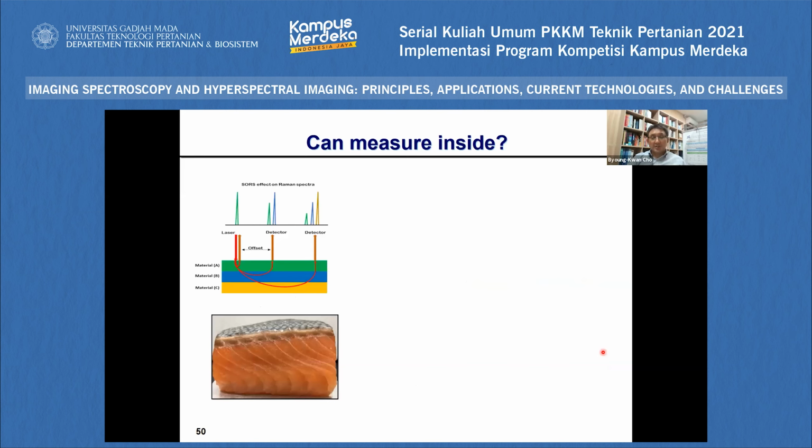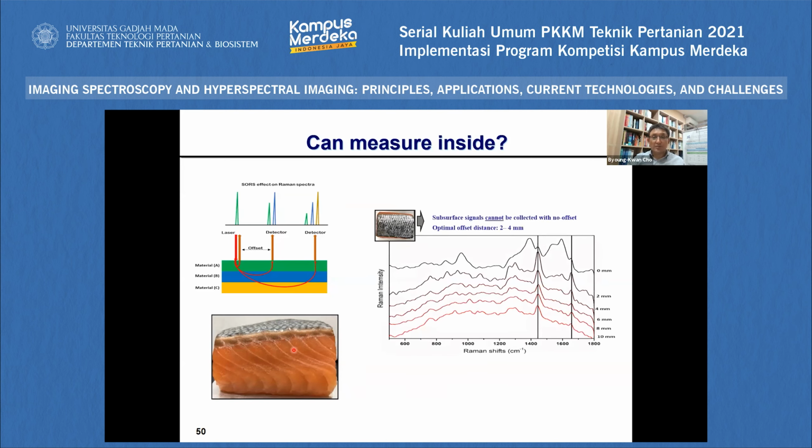All right, this is an example. Let's measure salmon. Salmon has skin, right? Can we measure inside the salmon fillet? Okay, salmon fillet information using Raman images. We can do that. Using offset measurement, let's see. 0 millimeter means there is no offset.